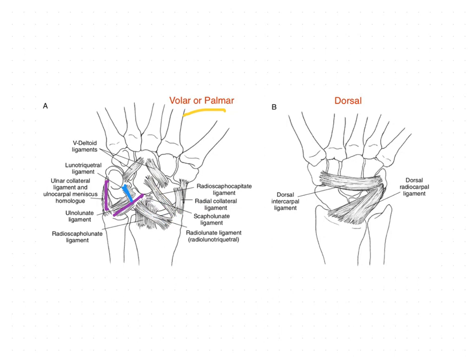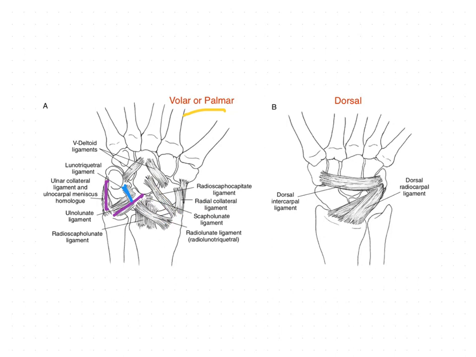Any injury to this ligament may lead to lunate instability. However, all these ligaments finally are going to stretch in wrist extension.